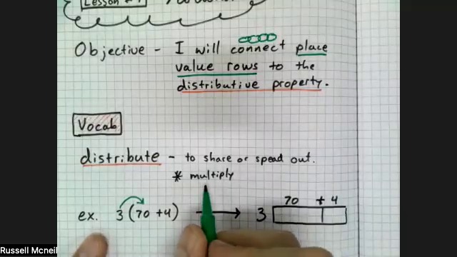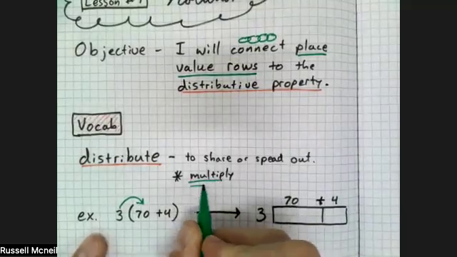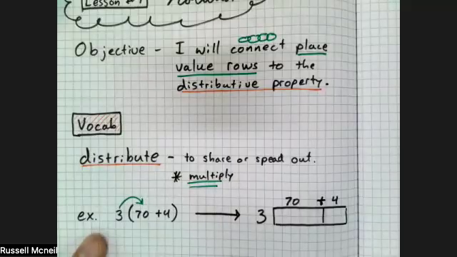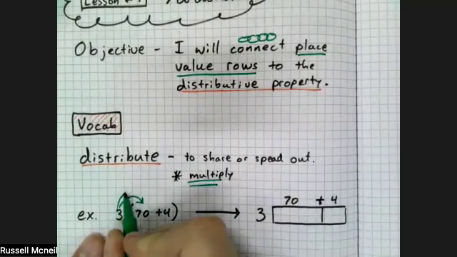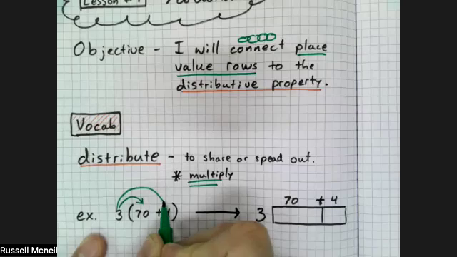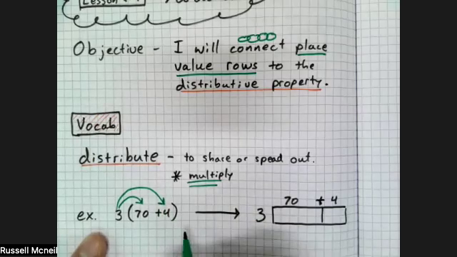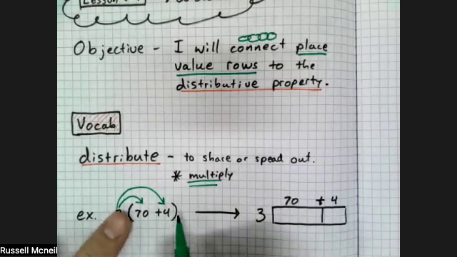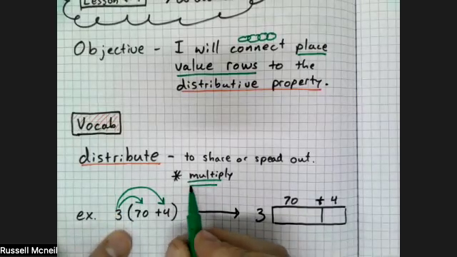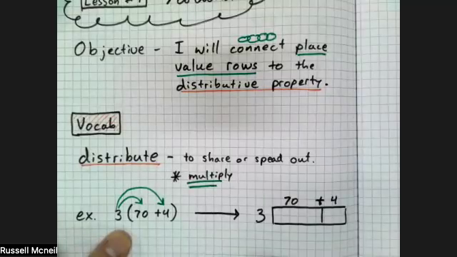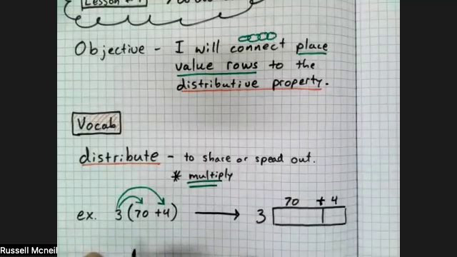And when we distribute, we mean we're going to multiply. After we distribute the 3 to the 70, we're going to distribute the 3 again to the 4. So inside parentheses, that really means to do what? To multiply. So let's work it out.